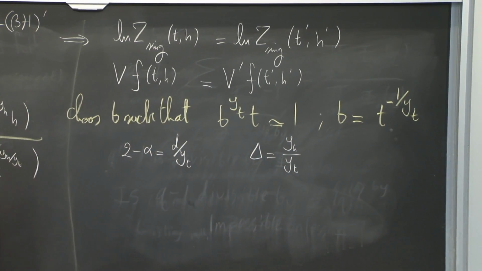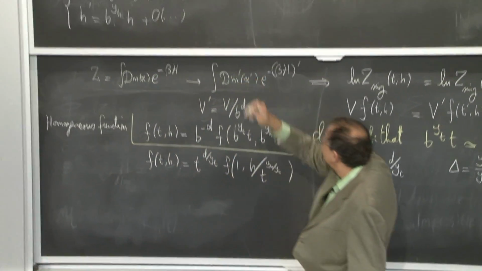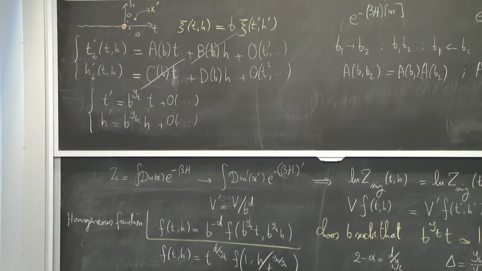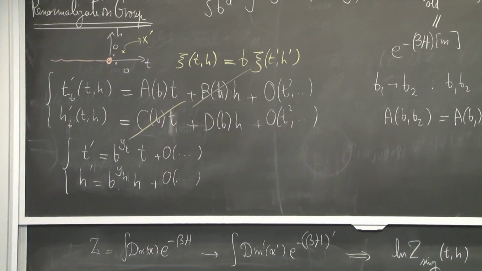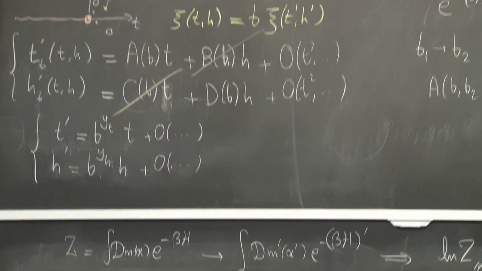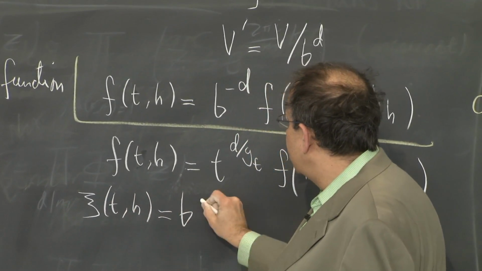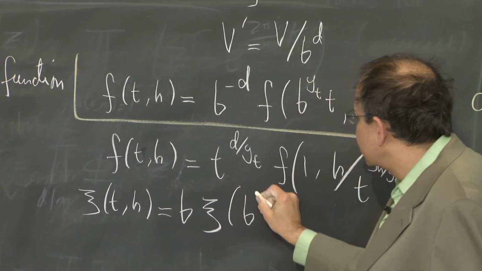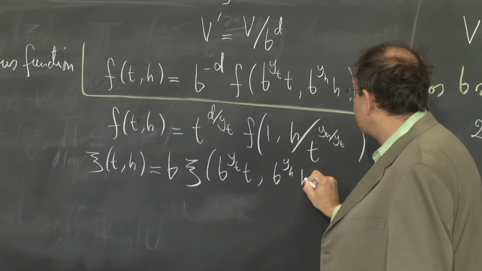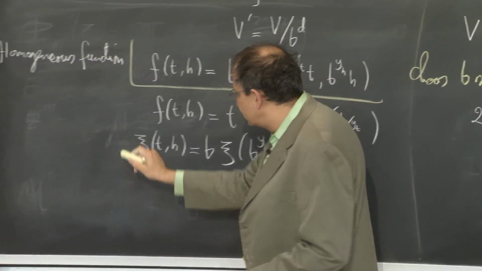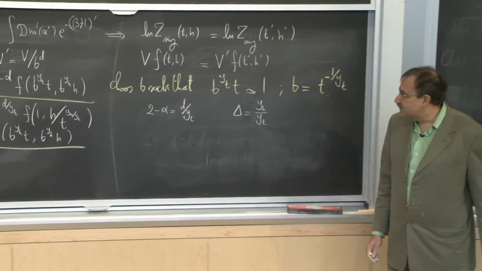Similarly, we had that the correlation length psi of t and h is b psi of t prime and h prime. So I have that psi as a function of t and h is b times psi as a function of b to the yt t, b to the yh h. So that's also correct.